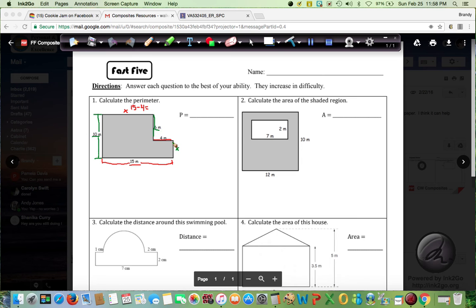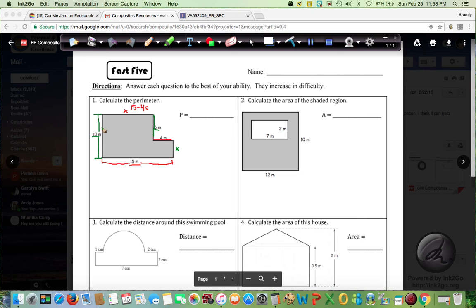So to figure out what's left over, because the entire thing, if this little rectangle wasn't missing, this big rectangle would be a 10 by 15, right? So we're missing some. So instead of this whole line being 15, if we take 4 away that's down here, we'll see what's left over.